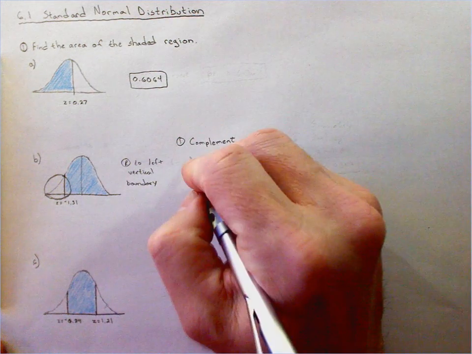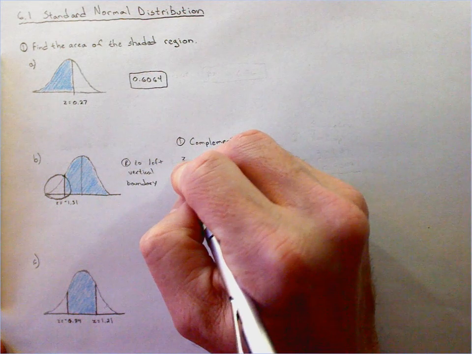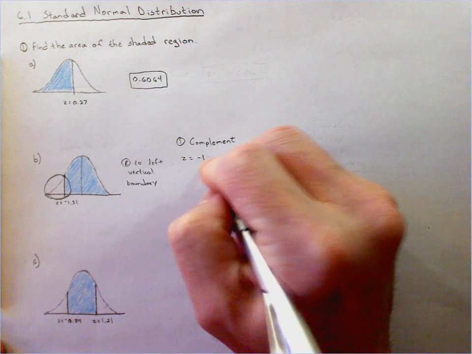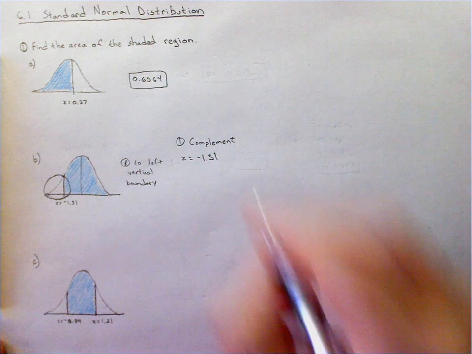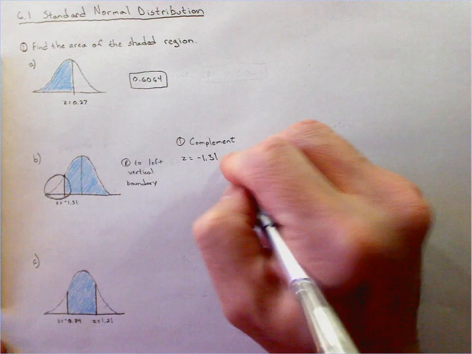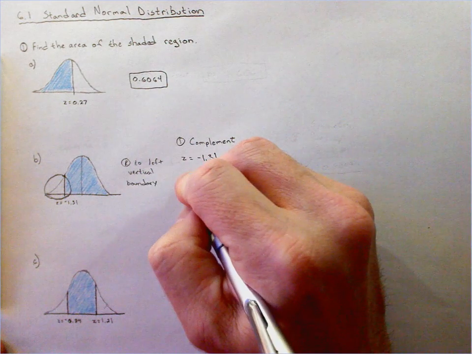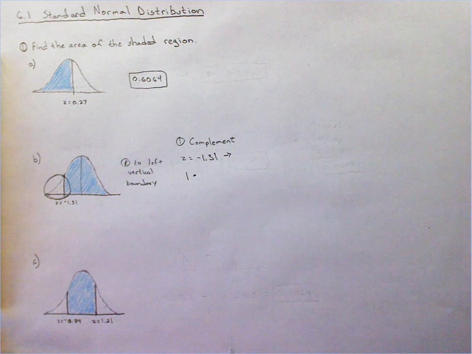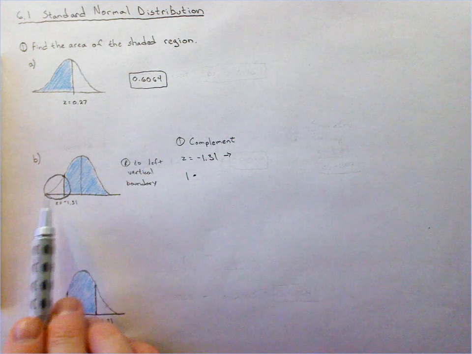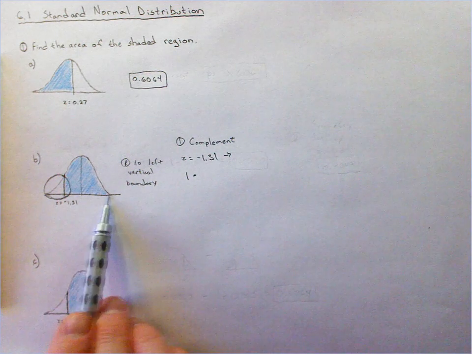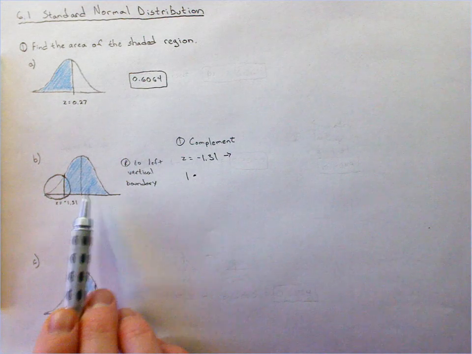So this, I'm going to look up z equals negative 1.31 and find the corresponding probability to that. But then once I find that probability, I'm going to subtract it from 1. The reason is that the entire area under this curve is equal to 1.